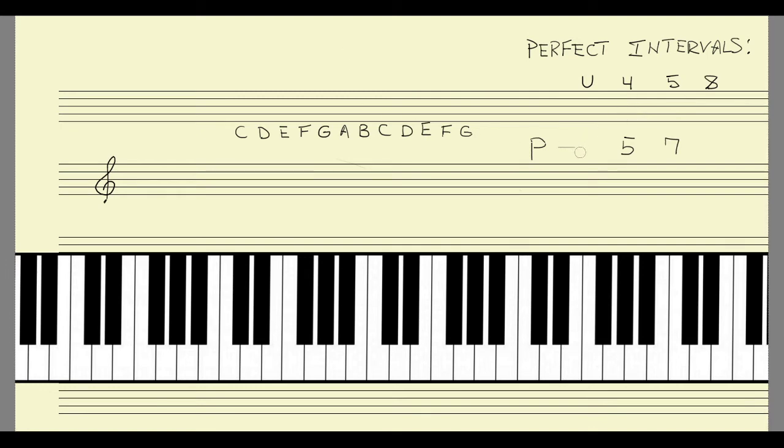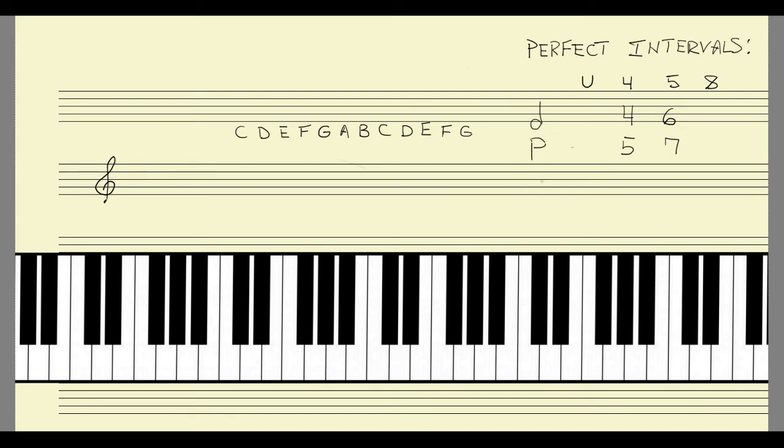We also know that there are 2 other varieties of the fourth and the fifth. There is the diminished quality, and the diminished quality always has 1 less half step than the perfect. So if a perfect fourth has 5 half steps, a diminished fourth is going to have 4 half steps. If a perfect fifth has 7 half steps, a diminished fifth is going to have 6 half steps.